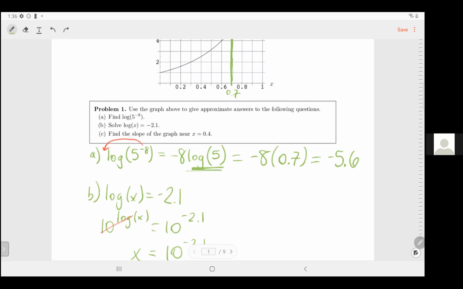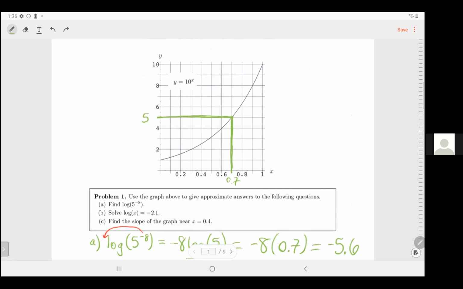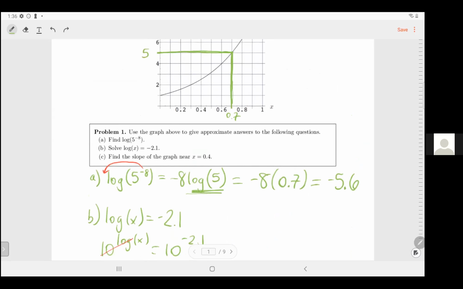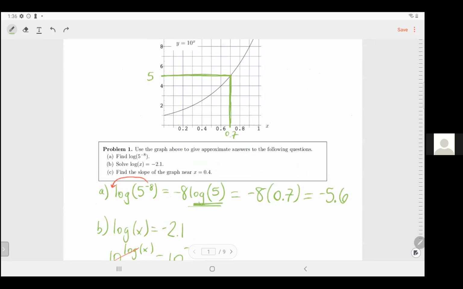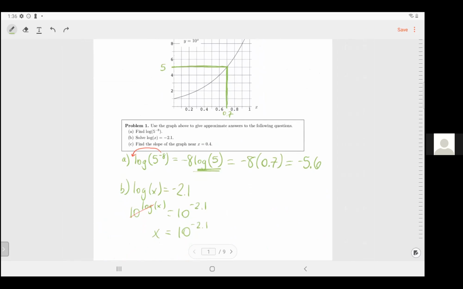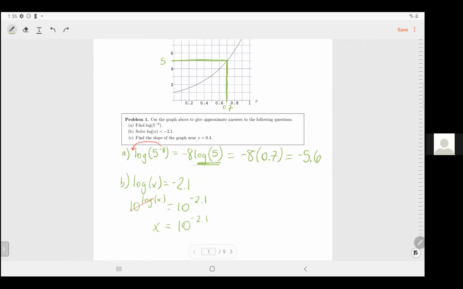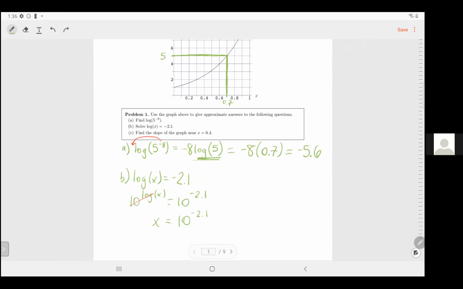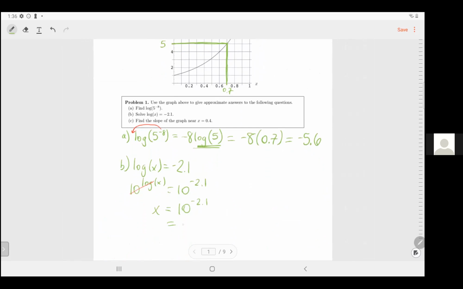So I have this graph of 10 to the x, but again, I can't plug in negative 2.1, right? What could I plug in instead? Actually, there are a couple ways to approach this, but 0.1 or negative 0.1? Yeah, either one of those are going to work. The thought process is, well, I could split this up in a couple ways. I could split it up as like 10 to the negative 2 times 10 to the negative 0.1.